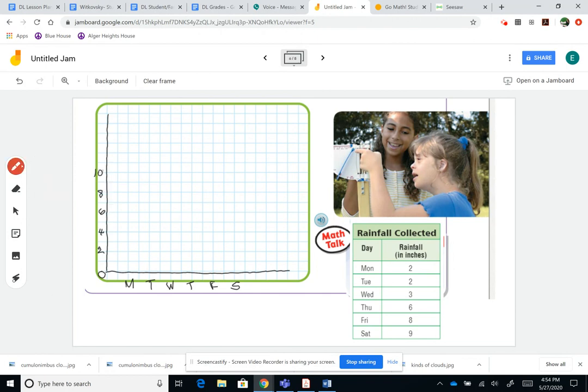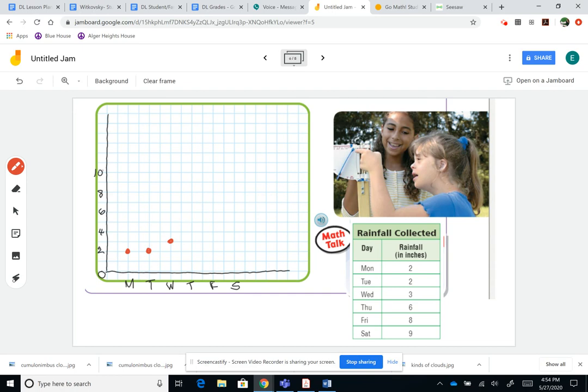Now I'm going to plot these in red. Hopefully red will show up the best. So on Monday, there were 2 inches of rainfall. So on M, I'll go up to 2. On Tuesday, there were also 2 inches of rainfall. So I'll go over to T, the first T for Tuesday, and go up to 2. For Wednesday, there were 3. Now I don't have a 3 on there, but use your common sense. It would go right in between 2 and 4.